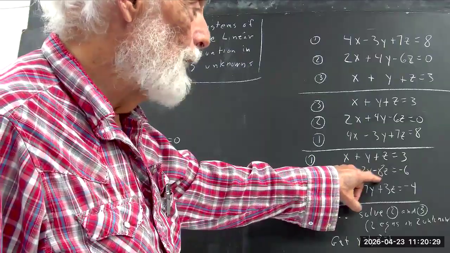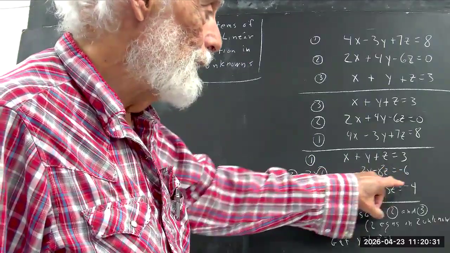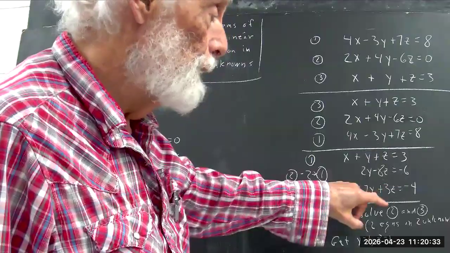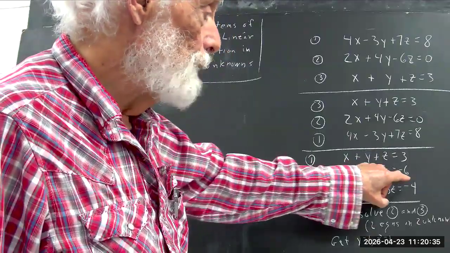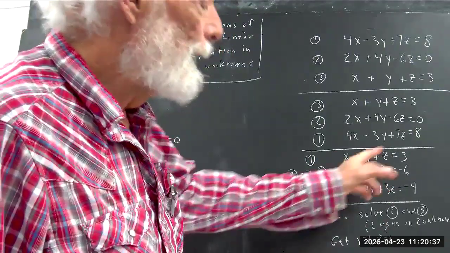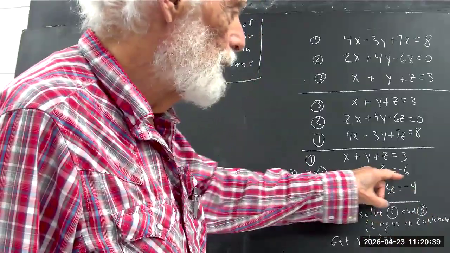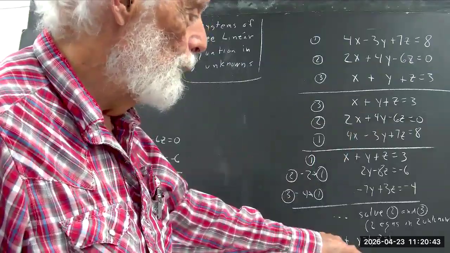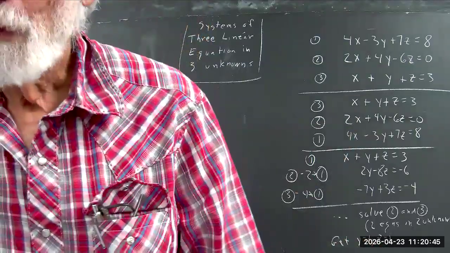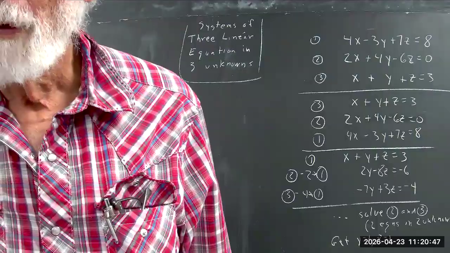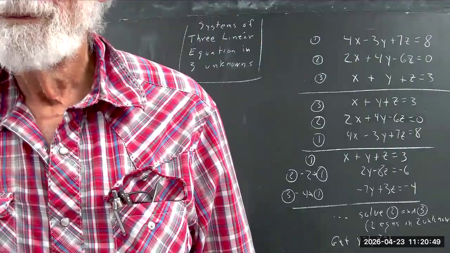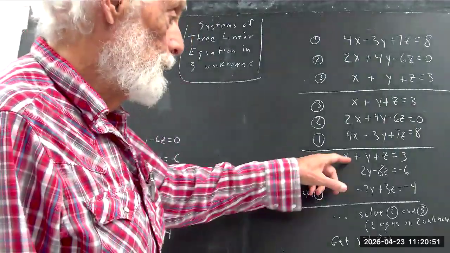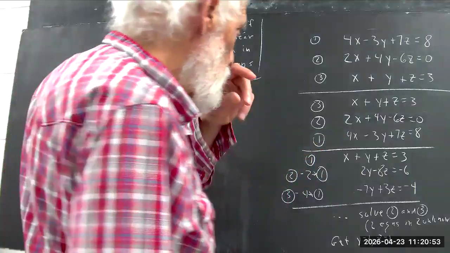You're going to get 2y minus 8 equals -6. 8z is just going to be 8. So it's 2y minus 8 equals -6. We add 8 to both sides. We get 2y equals -6 plus 8, which is 2. 2y equals 2, and you get y equals 1. So whether you understood all of that right away, that's exactly what you would do. Okay? I'm pretty confident you would do it. Okay?